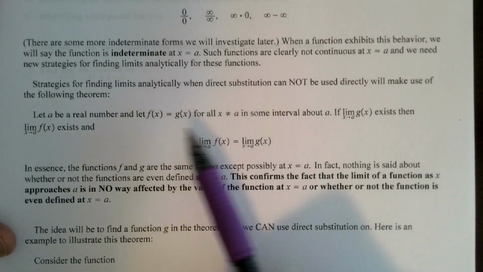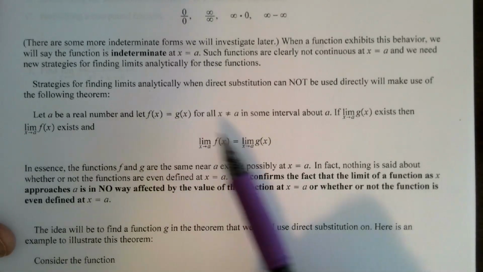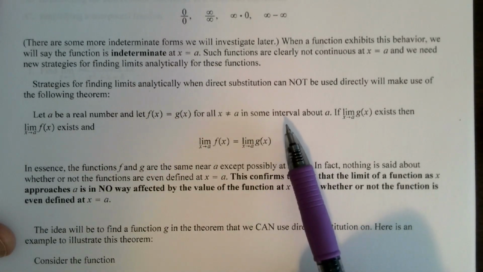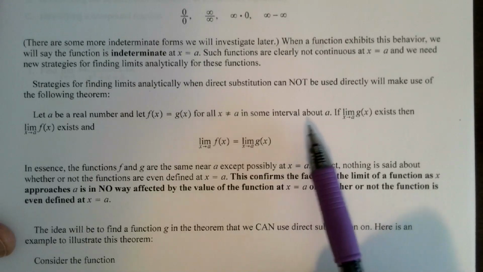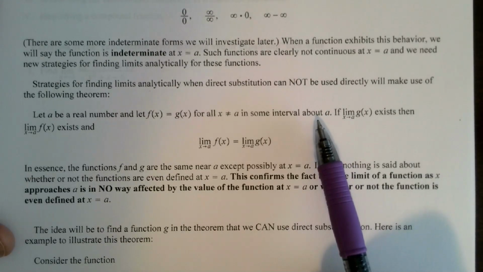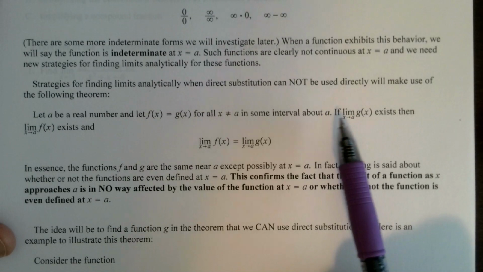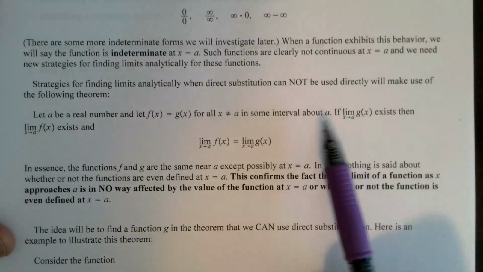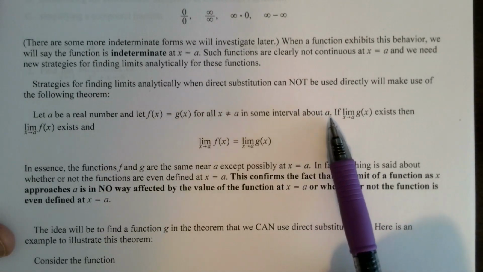What do I mean by an interval? Well, like an open interval about a. Say, if a is equal to 1, I can go a little bit less than 1, like a half, and a little more than 1, like 1.5. So the interval from a half to 1.5 would be an interval about a.